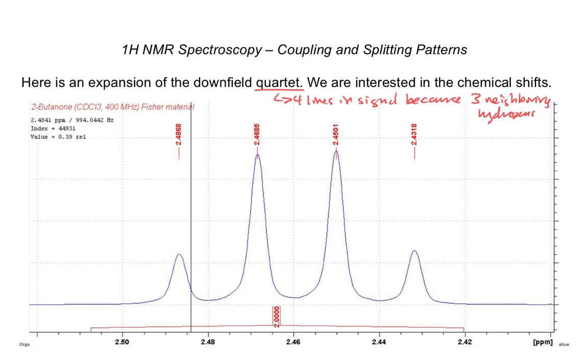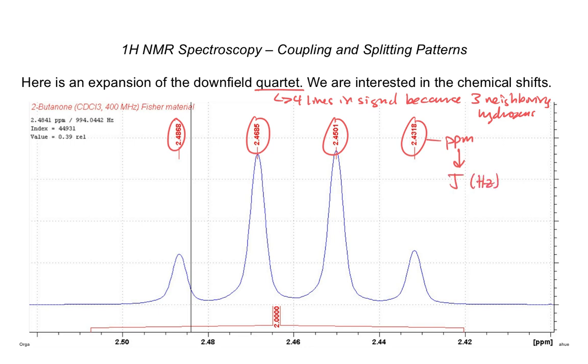So we're going to look at these values here: 2.4868, 2.4685, 2.4501, 2.4318. So again, those are reported in ppm, but chemical or coupling constant is reported in hertz.